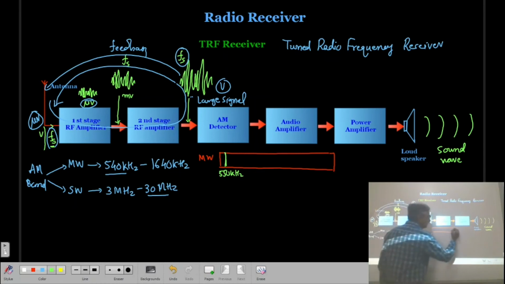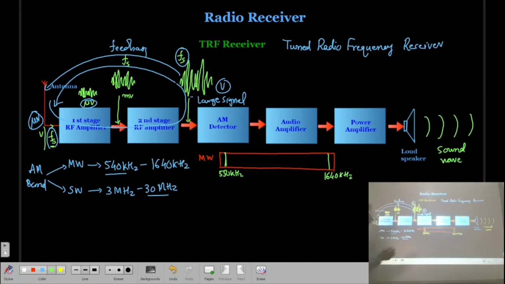And the maximum frequency is, let us say, 1640 kilohertz. And in between we have different frequencies. Let us say here we have 1000 kilohertz. Okay? So if you see the radio, you will find this kind of scale for the medium wave band.